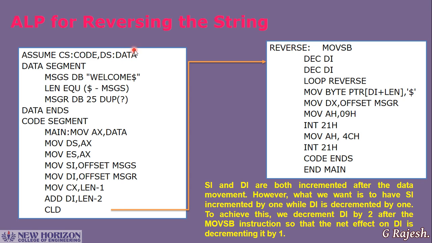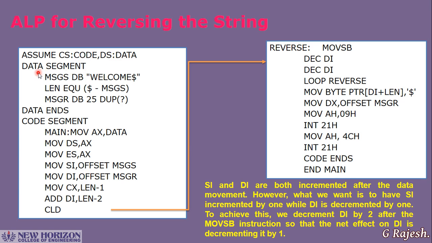The 64 KB used for data is defined as the data segment, and the one defined for writing the code is defined as the code segment, and we are naming them code and data respectively.